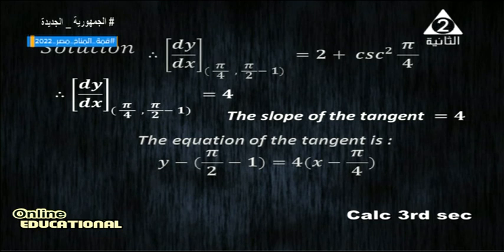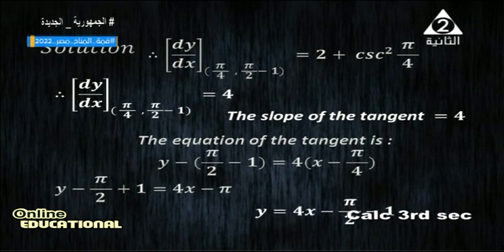Now, y minus pi over 2 plus 1 equals 4x minus 4 times pi over 4, which equals pi. Then y equals 4x minus pi over 2 minus 1, which is the equation of the tangent at the point (pi over 4, pi over 2 minus 1).